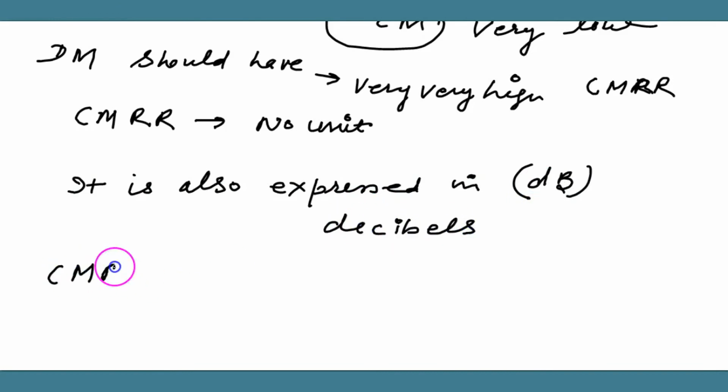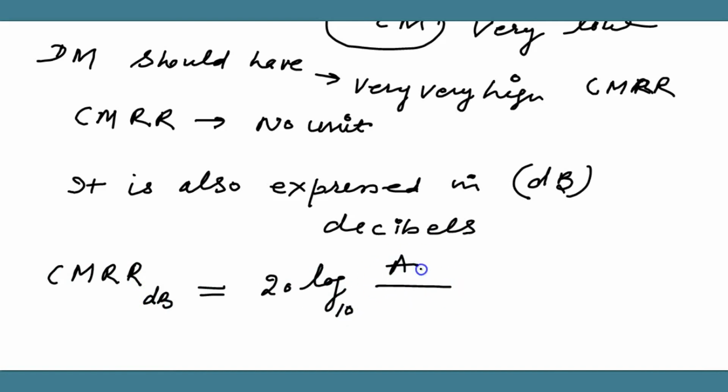And usually it is expressed in decibels, CMRR equals 20 log to the base 10 of ADM upon ACM.